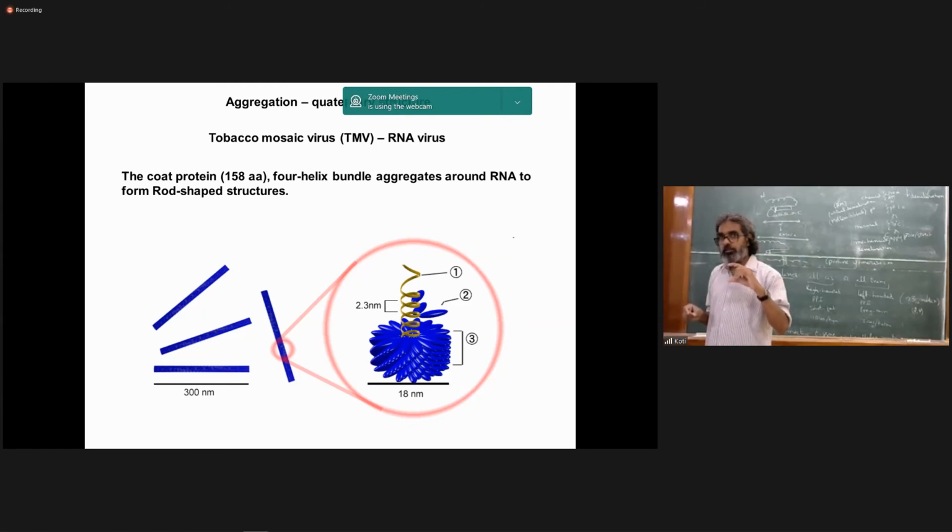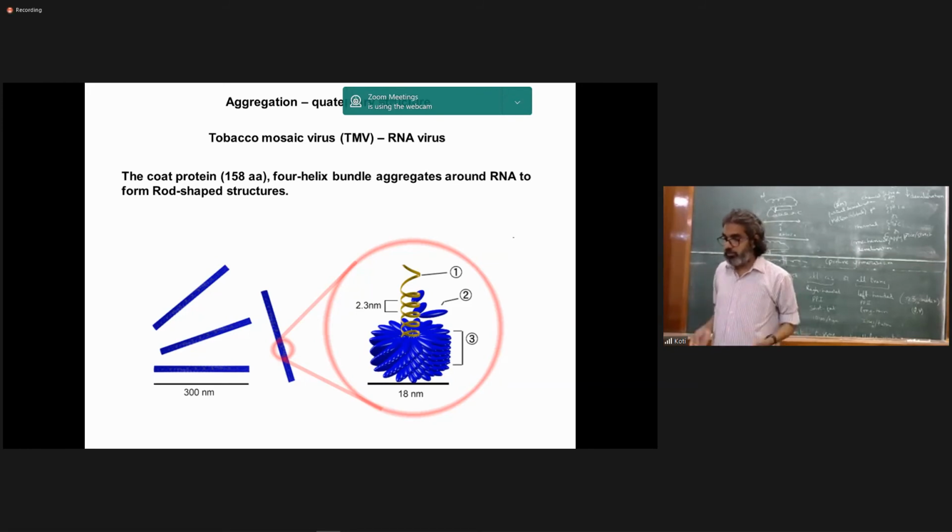RNA has a very well-defined structure; its pitch is 2.3 nanometers, and the coat proteins coat it accordingly. But this forms now on the RNA, which might be really long in this case, so the entire TMV forms a rod structure.